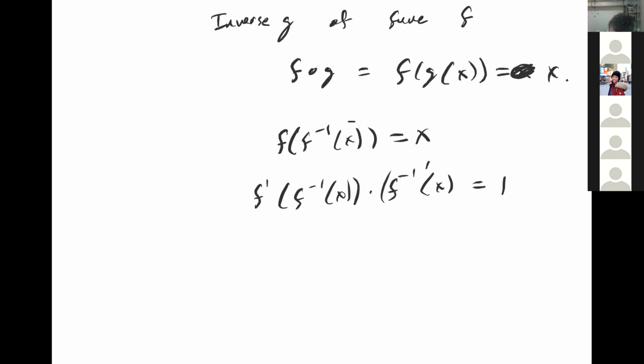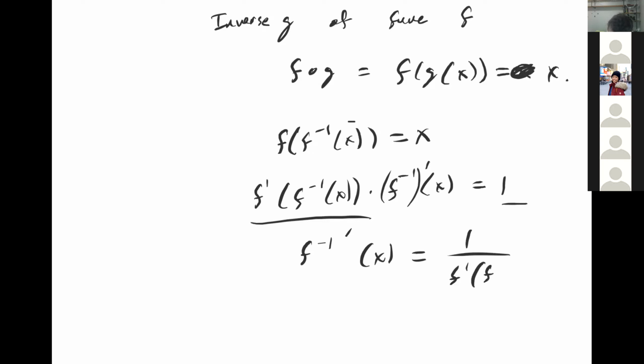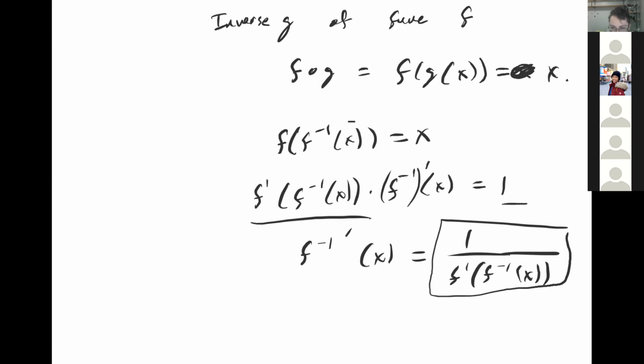Remember, prime is just another way to say derivative. And then we can divide through by this, and we get f inverse prime of x is equal to 1 over f prime of f inverse of x. So this is the important method for how you find the derivative of an inverse function.